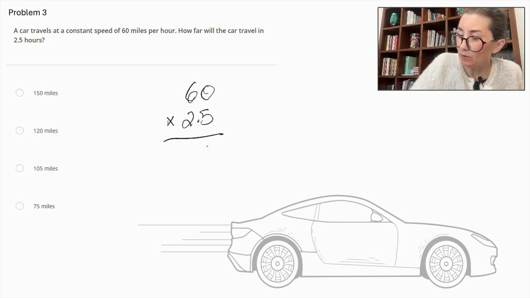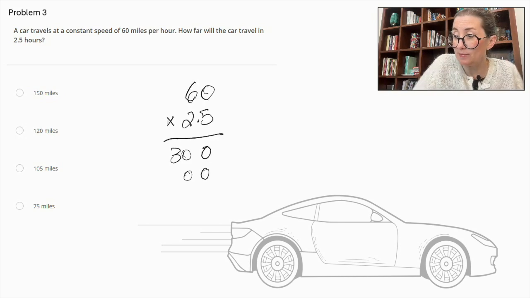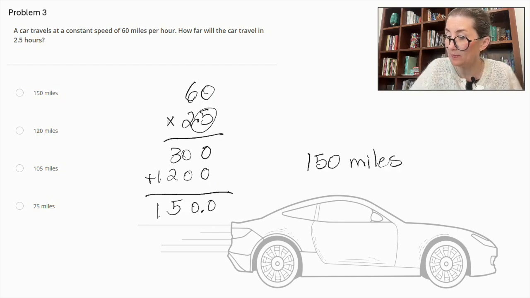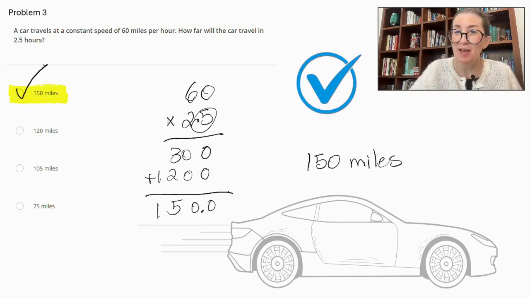So 5 times 0 is 0, 5 times 6 is 30, 2 times 0 is 0, 2 times 6 is 12. And we add those up. We've got 1 decimal place, so we put the decimal there, and we end up traveling 150 miles. The math doesn't lie.